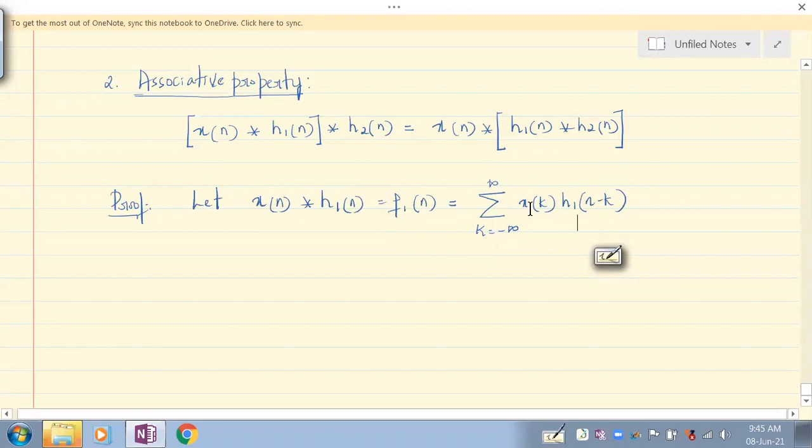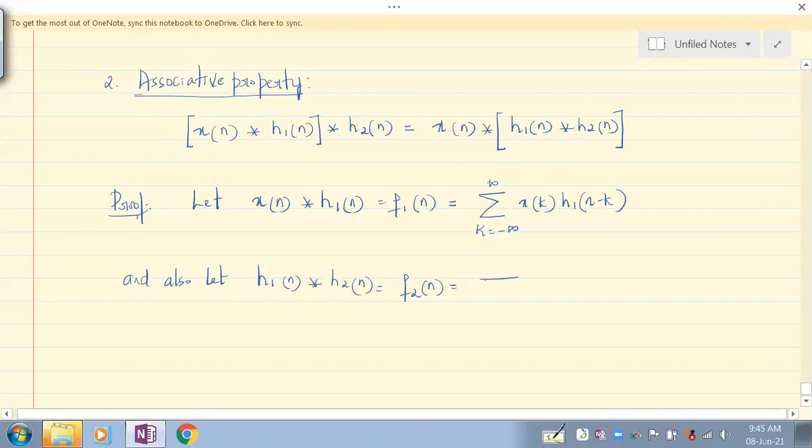Then in the right hand side part, let h1 of n convolution sum h2 of n be called f2 of n.